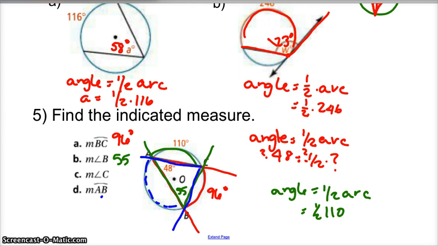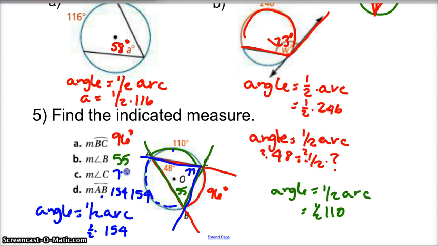So in order to find the leftover part of the blue, I'm going to subtract the 110 and the 96 from 360, and it gives me 154. That's the arc, and the angle is always equal to half of the arc length. So if the arc was 154, half of that gives me the angle, which is 77. So this was 154, and this was 77.